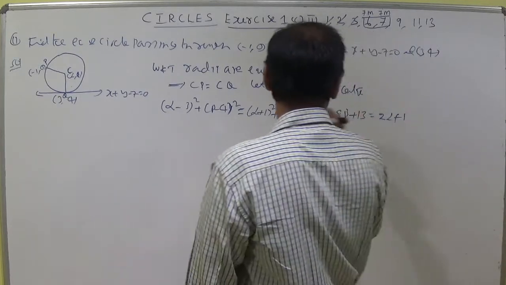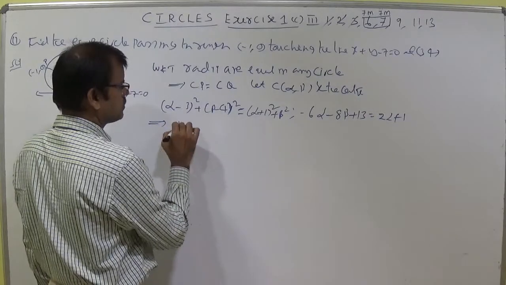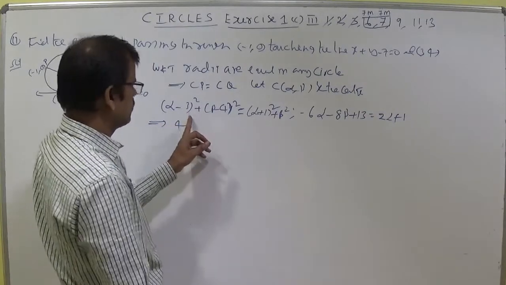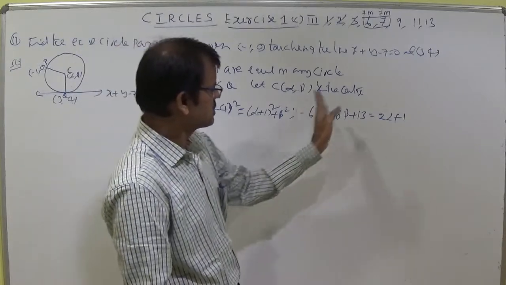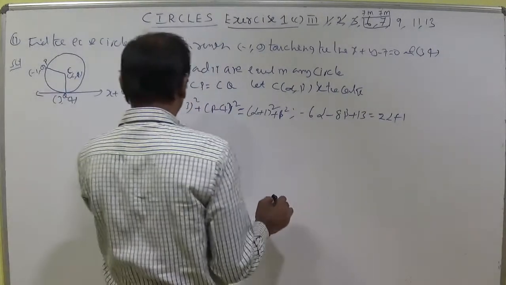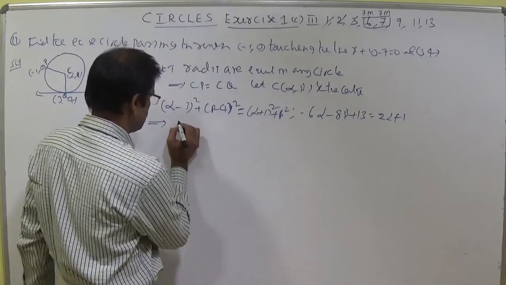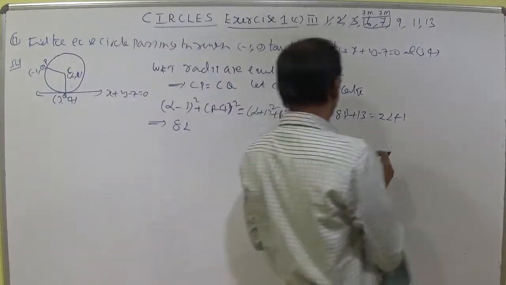So taking 2 alpha to this side, 4 alpha, and minus 6 alpha, taking that side, 6 alpha should be taken this side, so it becomes 8 alpha. This is 9 plus 16, 25, not 30.